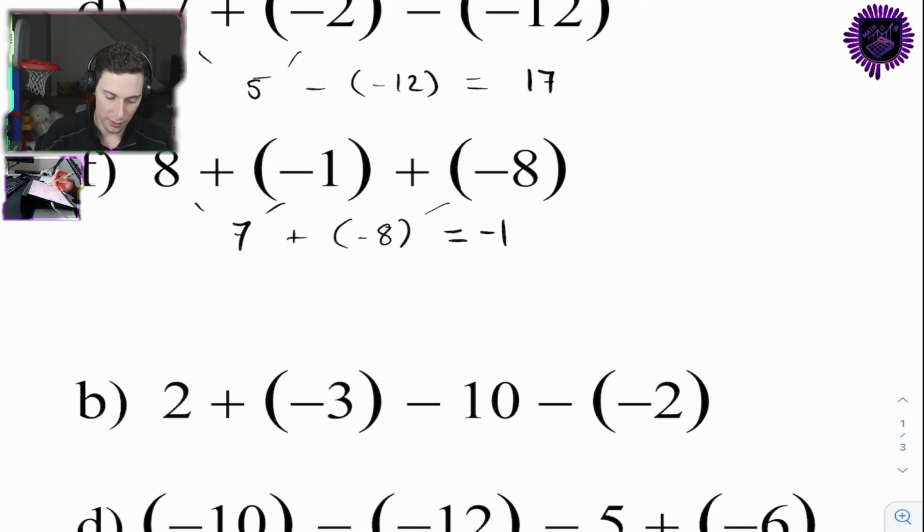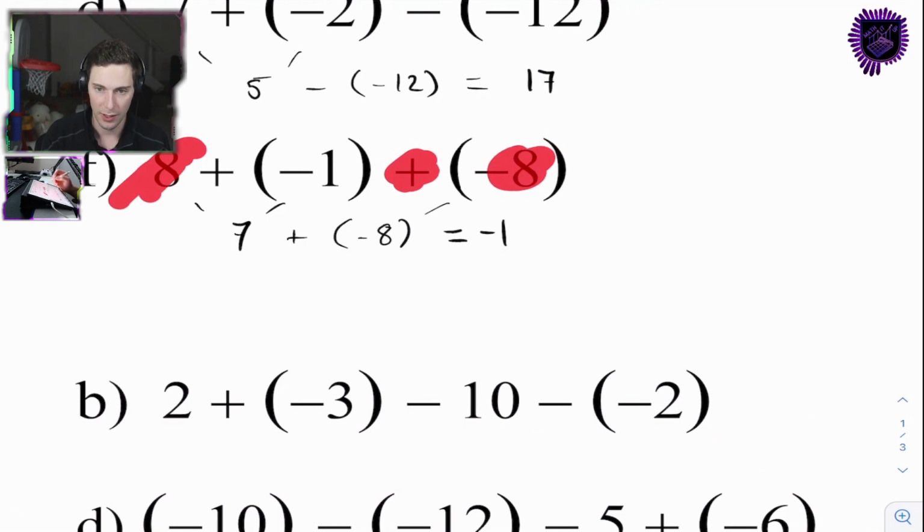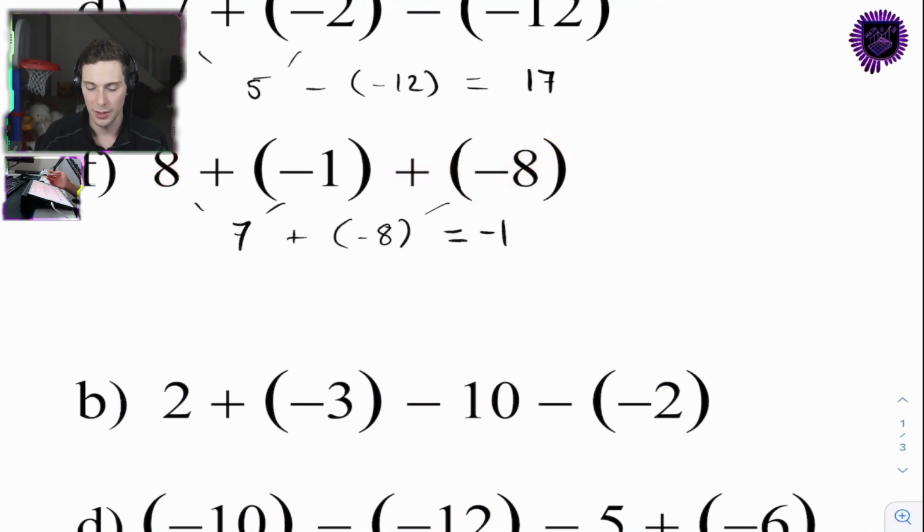And you can also look at this question, and right off the top you can say negative 8, positive 8, and negative 8, and it's adding, right? So positive 8 plus negative 8 is going to equal 0. So that's going to cancel out. If it was minus negative 8, that wouldn't be the same, but positive, yeah. Okay. Box my answer.